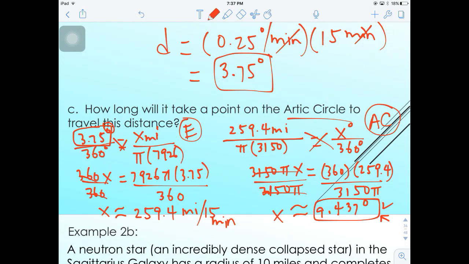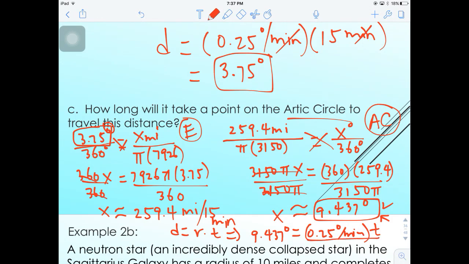So we're going to go back to the distance equals rate times time formula. Well, we already know the distance traveled is going to be 9.437 degrees. The rate we're traveling, remember, is the same speed, okay? It's 0.25 degrees per minute, times the time, because we do not know, we're going to let it be t minutes.